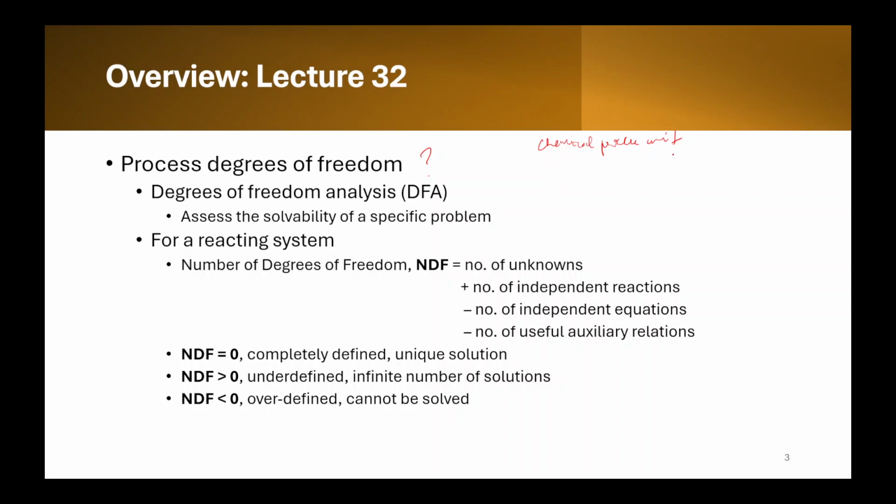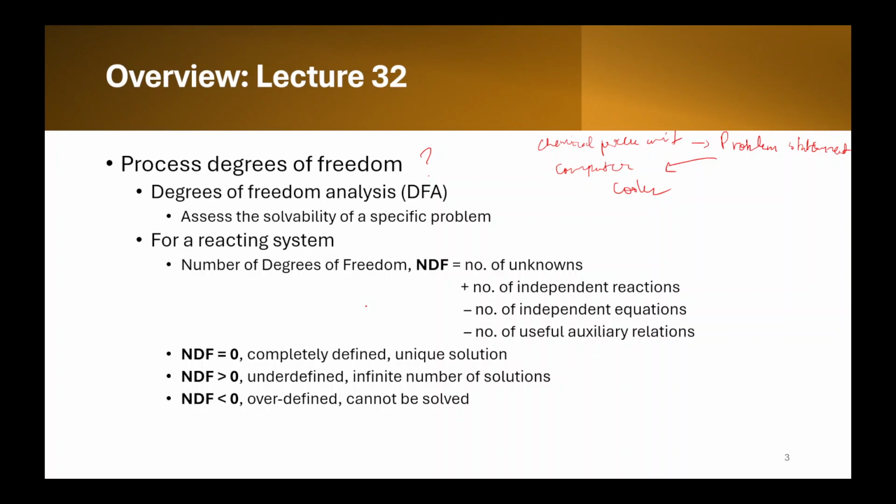If you want to solve this problem statement using some computer codes, you need to know if that specific problem is solvable or not. That's why you need to do the degree of freedom analysis.